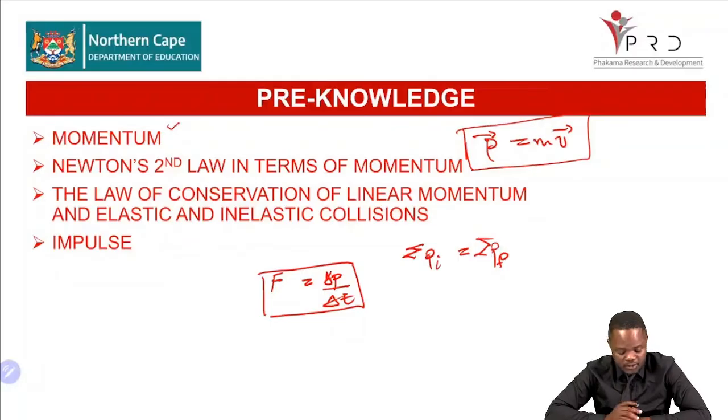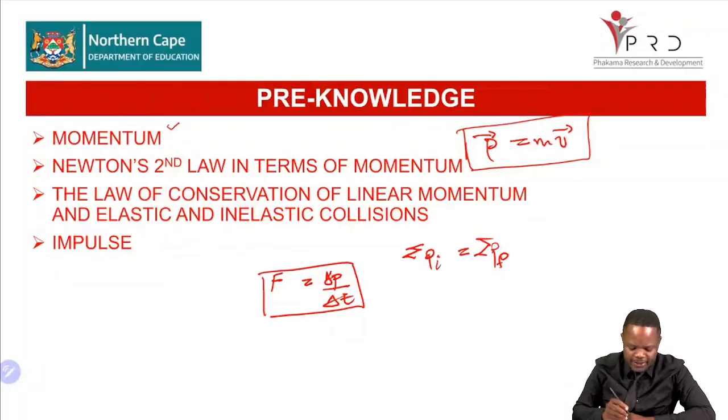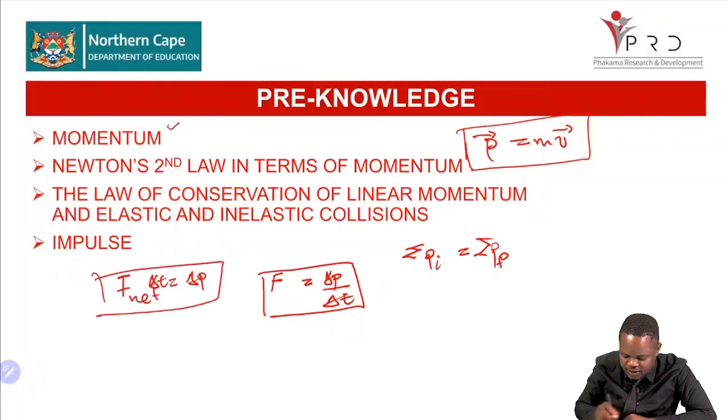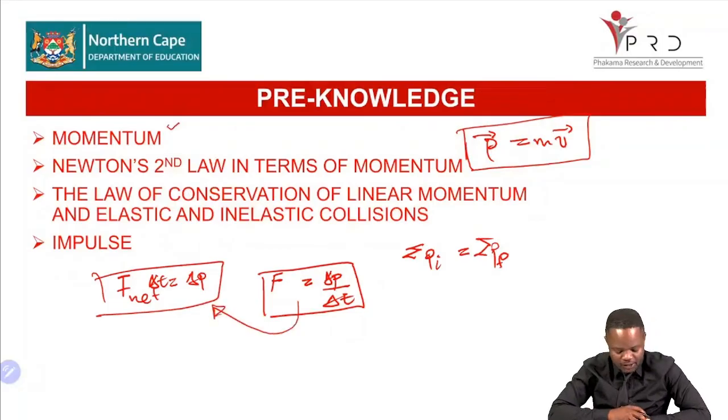Last but not least, we talk of impulse, and the formula to recall is F net Δt equals Δp. You can see this is derived from there. F net Δt is our impulse. Generally, this is an overview of our section.